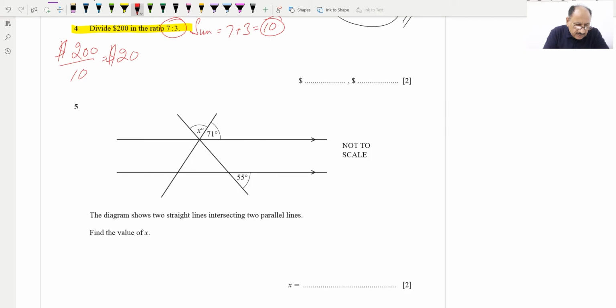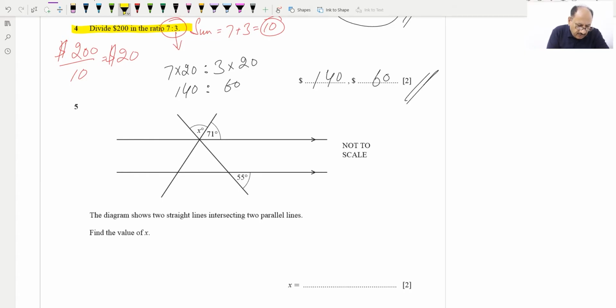Now we multiply the ratio 7:3 by 20, and this will give us the parts which the persons will be getting. So this portion will be 140 and this portion will be 60, so we can write $140 and $60. This is the 2 mark question which we have done.